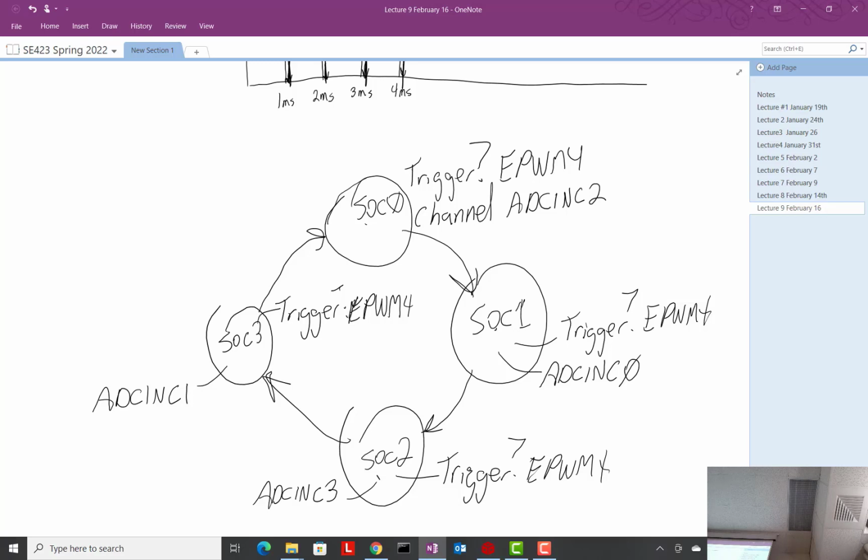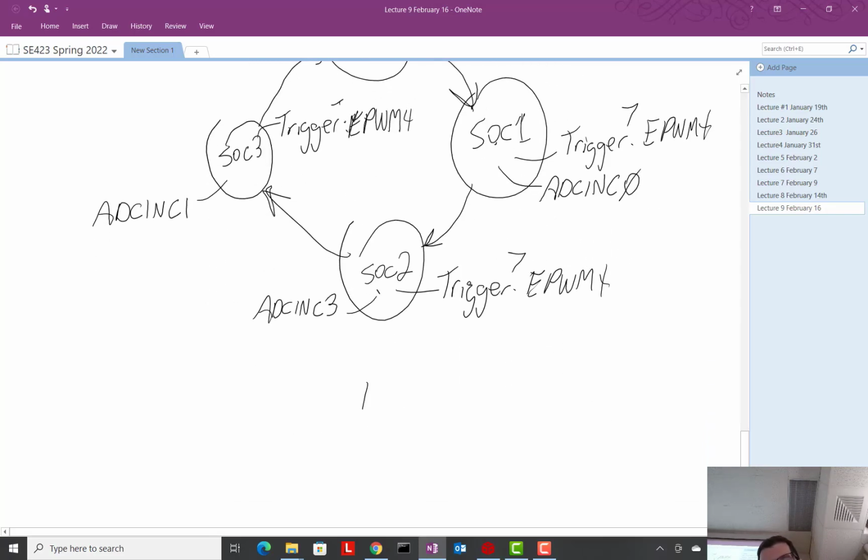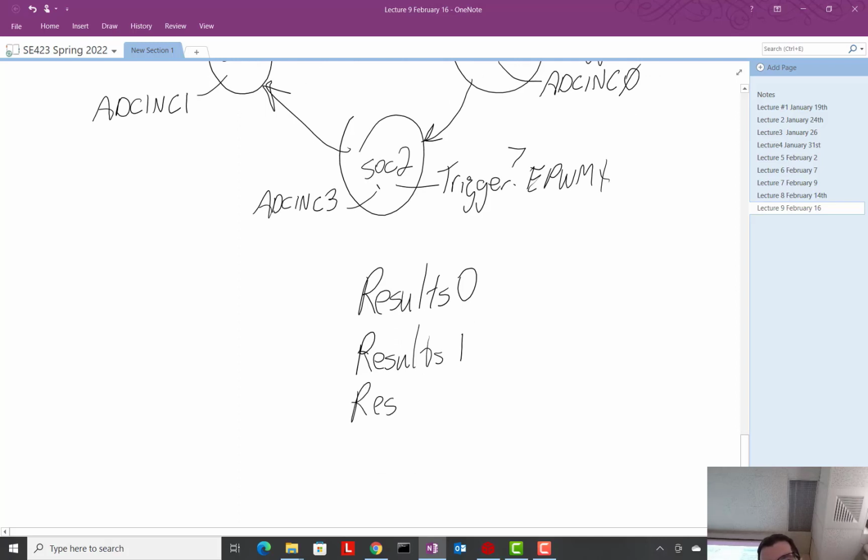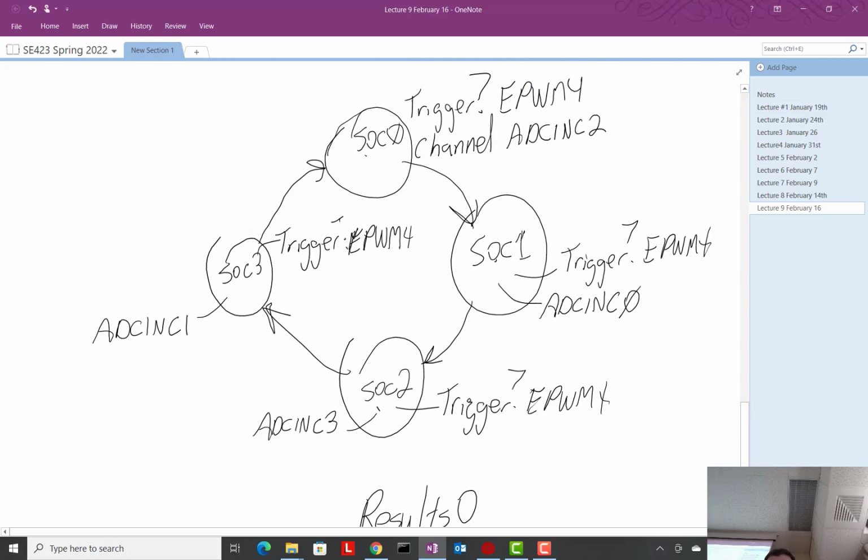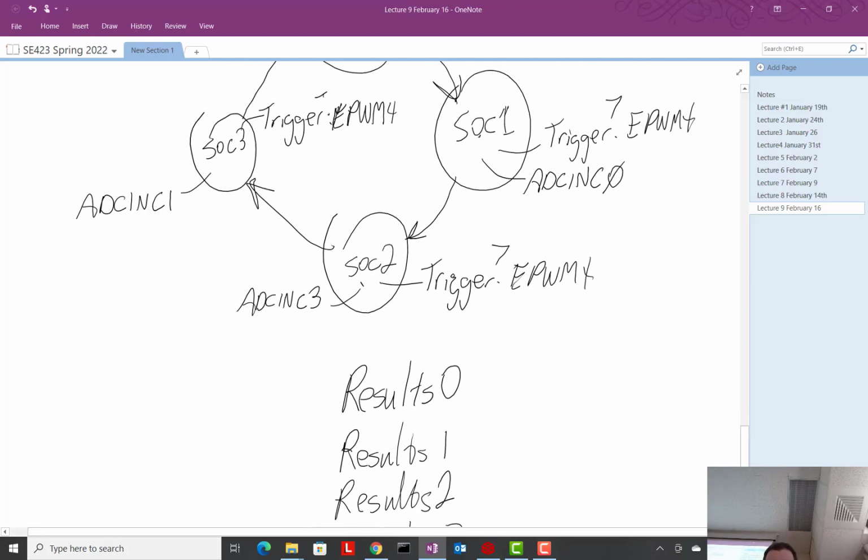So that's what's confusing. Once it's done, that 12-bit value is put in a register called the results register. There's a results 0, a results 1, a results 2, and a results 3, and actually more, all the way up to results 15. But since you only told 4 SOCs to run, 0, 1, 2, and 3, look at that. Now this is confusing, isn't it?